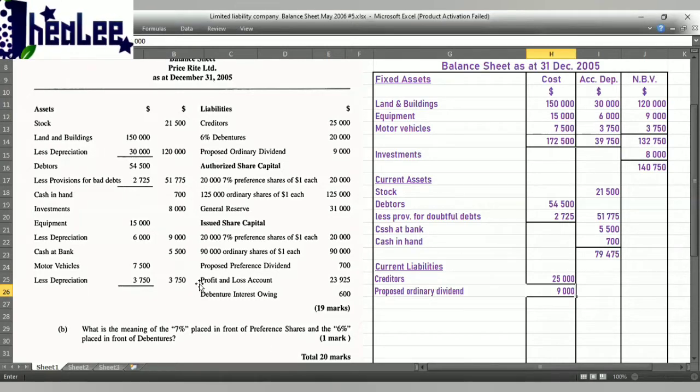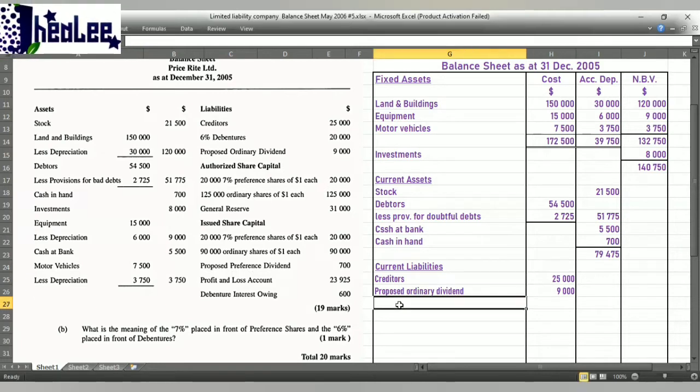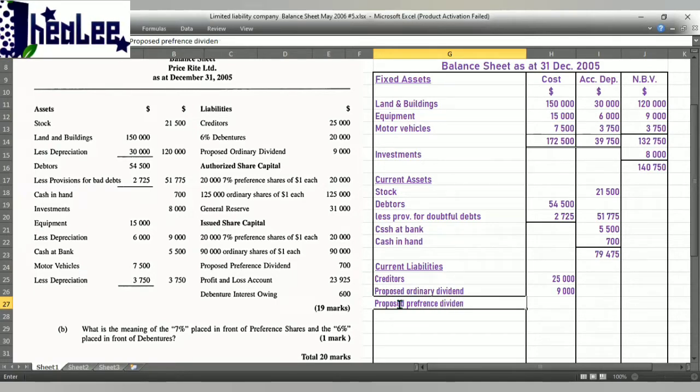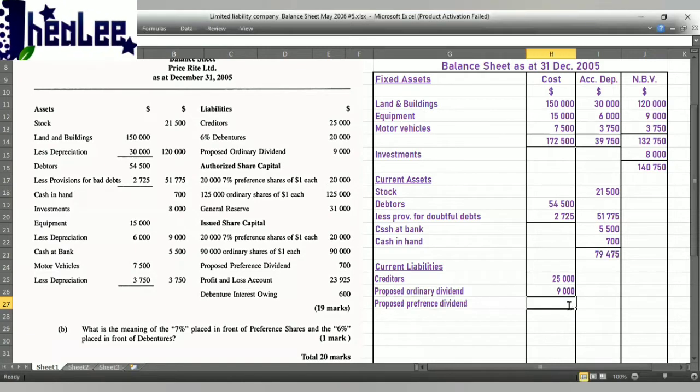And the value of that is $9,000. Let's check. There is also another proposed dividend, but this time it is proposed preference dividend, and the value of that is $700. So we're going to enter proposed preference dividend, and the value is $700.